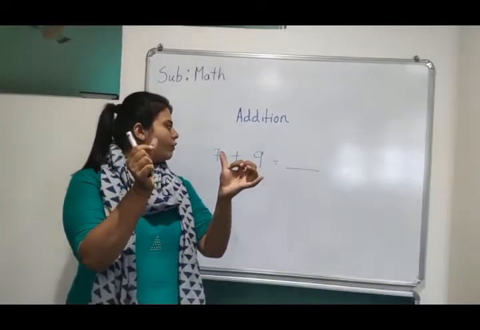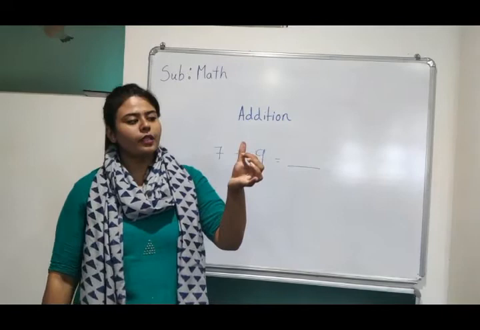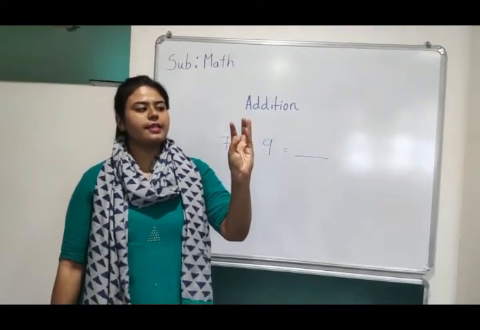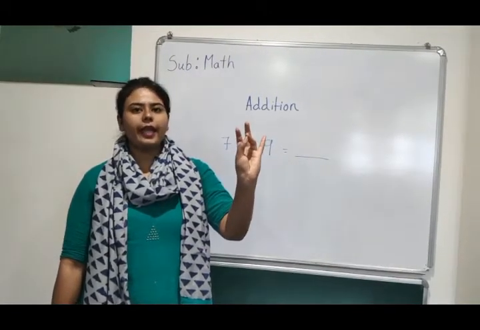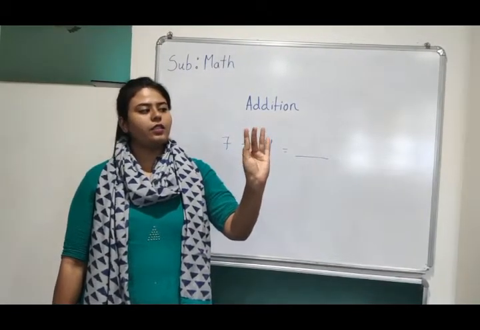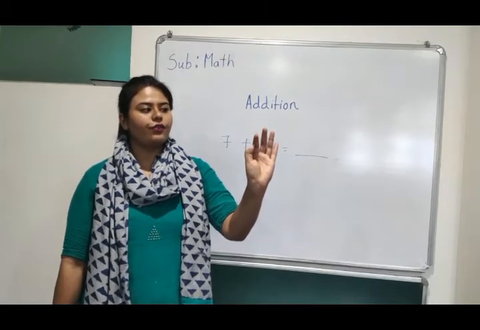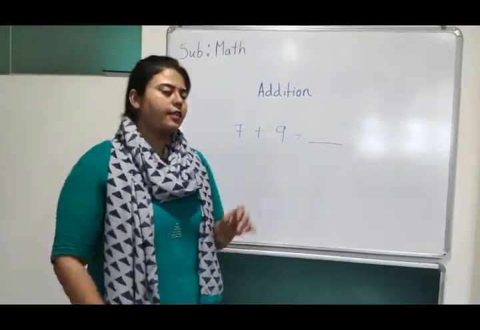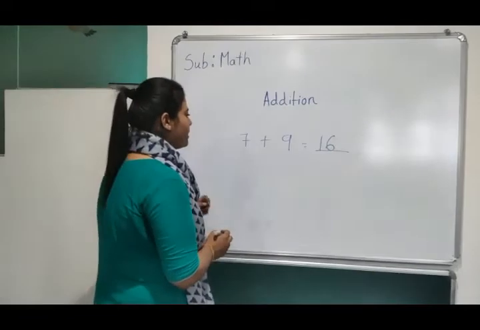So now we will count together. 1, 2, 3, 4, 5, 6, 7, 8, 9, 10, 11, 12, 13, 14, 15, 16. So our answer is 16.